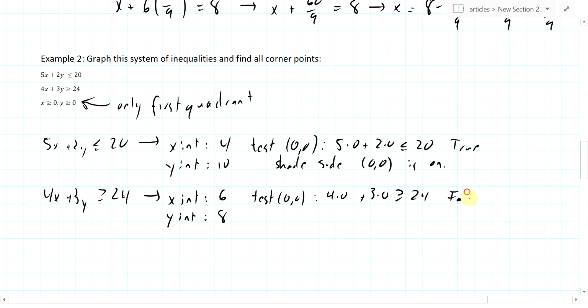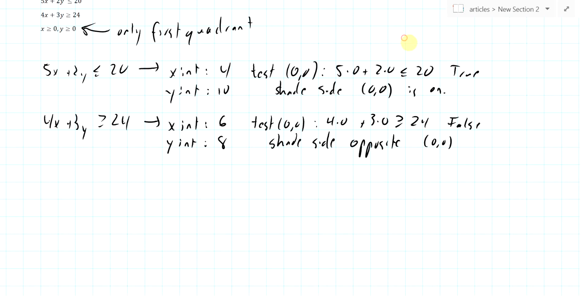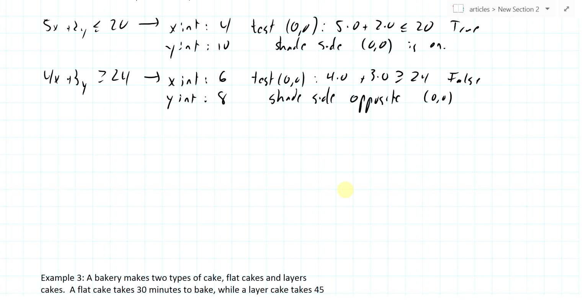That's false, because this is 0, 0. So shade the side opposite 0, 0. We don't want 0, 0 on the shaded side. Great. So, with all this information, now we can graph these inequalities.